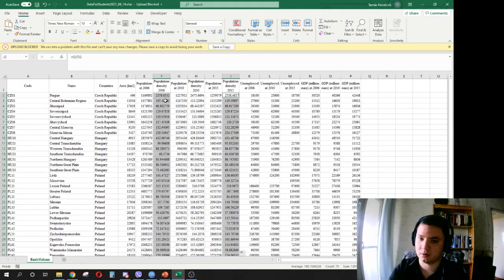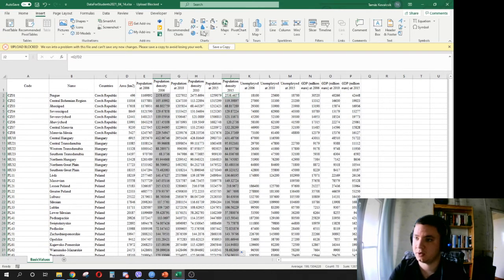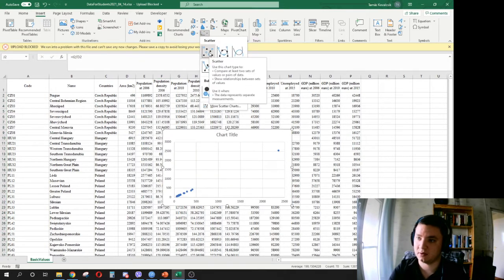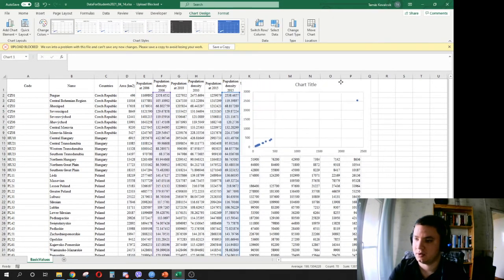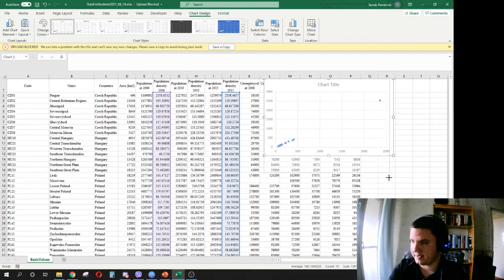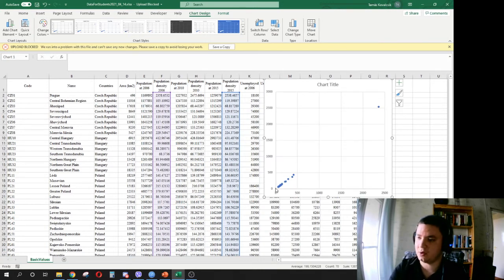Select all of the cells and insert, and in the charts insert a scatter, the first. Okay, and we have a very huge connection and relationship between these two variables.